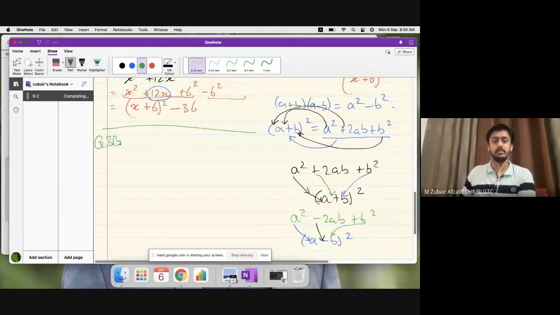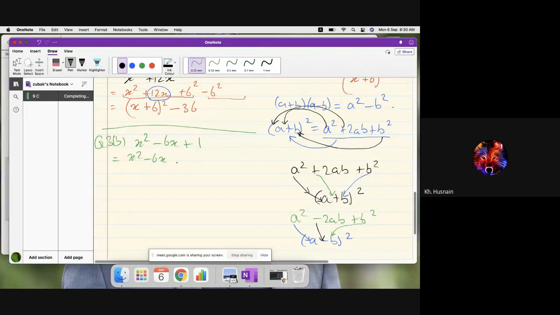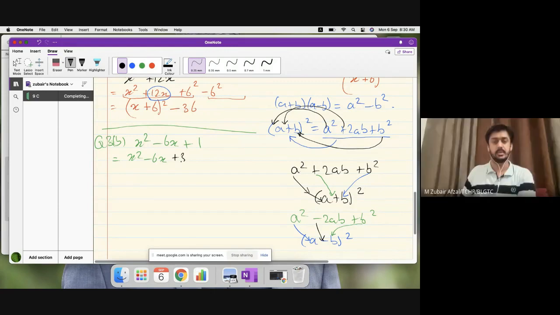Question 3b part is x square minus 6x plus 1. So just follow these steps. x square minus 6x. Now what do I do? Plus 3 square and minus 3 square, and the remaining number.